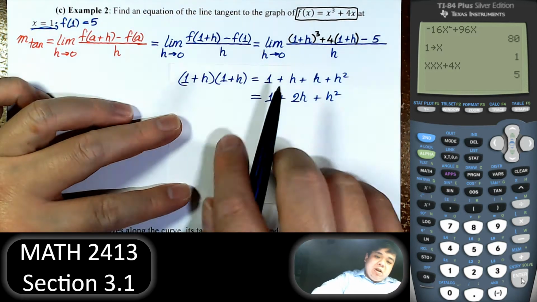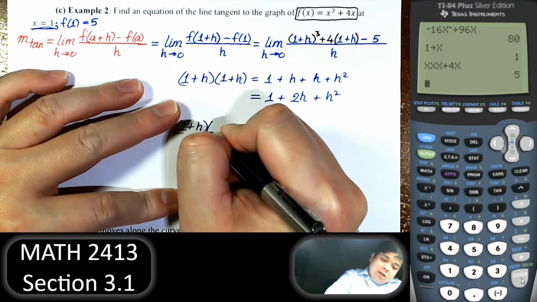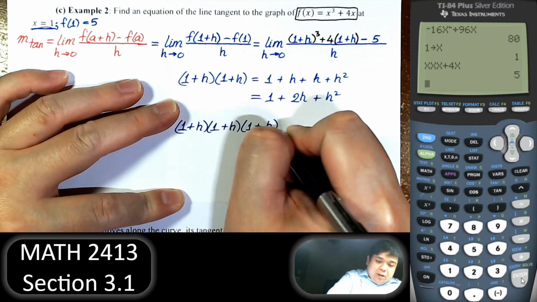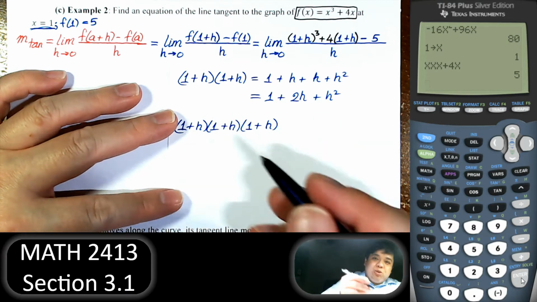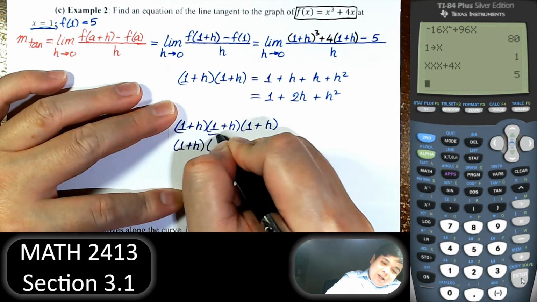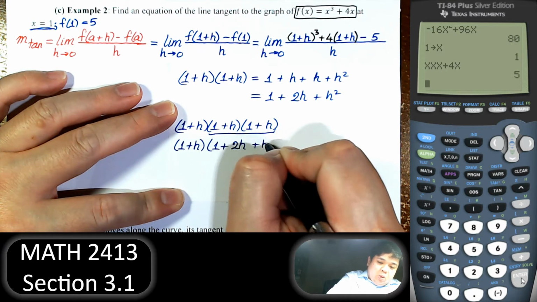Right. So 1 plus h cubed. 1 plus h cubed is 1 plus h times 1 plus h, where two of them multiply together, that's what we have. So that's why I choose 1 here. This together is 1 plus 2h plus h squared.